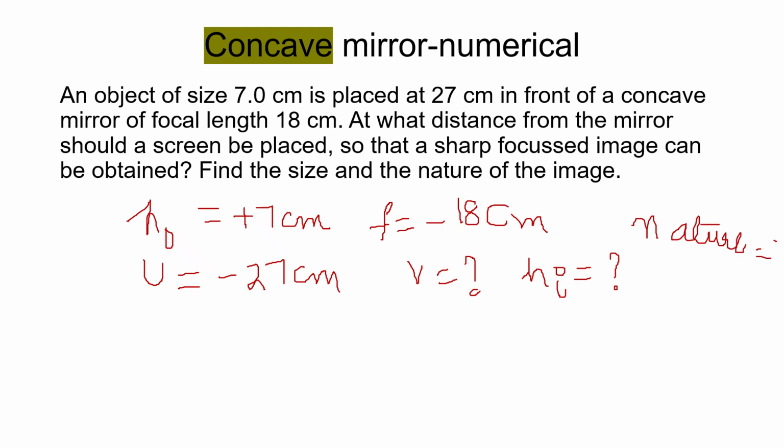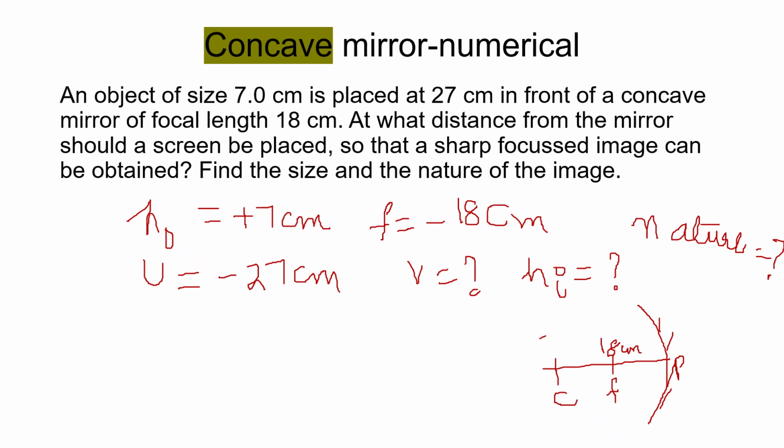First of all, you analyze which case this is, so that you will not go wrong with any sign. Suppose I have drawn the diagram, and we know where we take U, V or F and all that. So this is P. Now F is given as 18, so let me mark this point as 18 centimeter. Now you know where C is.